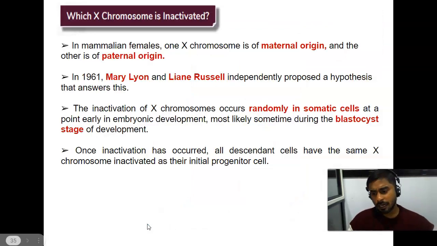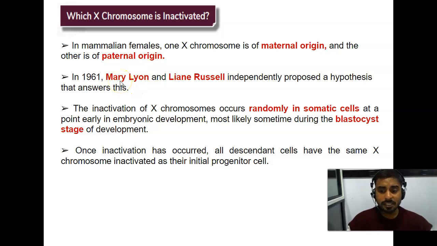Now the big question here is, which of these X chromosomes is going to be inactivated? One X chromosome comes from the male partner and the second comes from the female partner. Whether maternal or paternal, which one is going to be inactivated? In mammalian females, one X chromosome is of maternal origin and one is paternal.